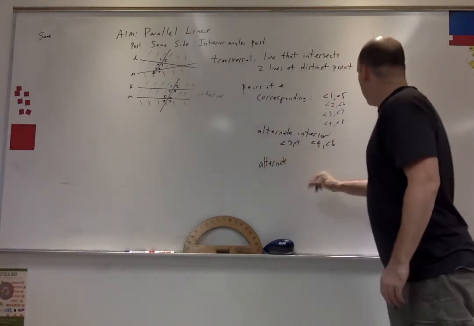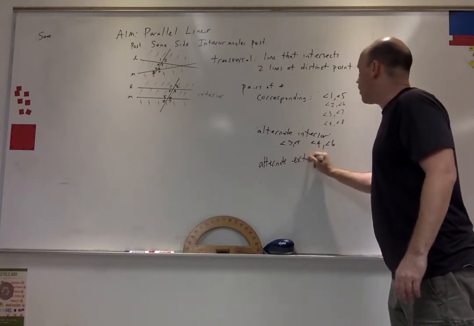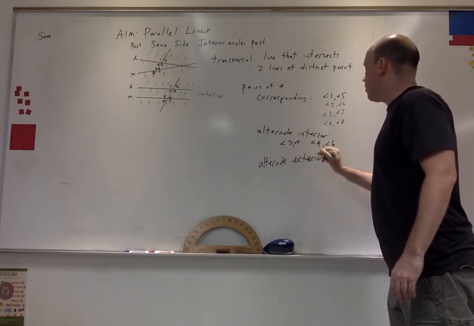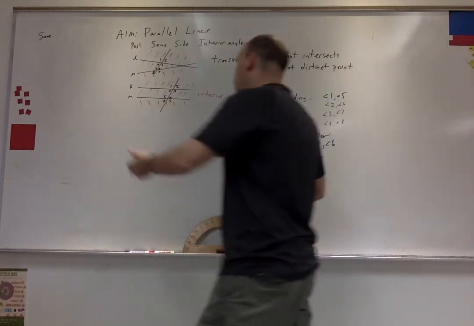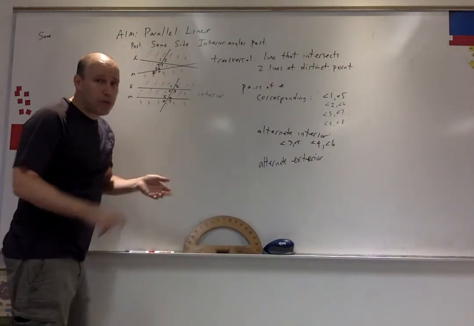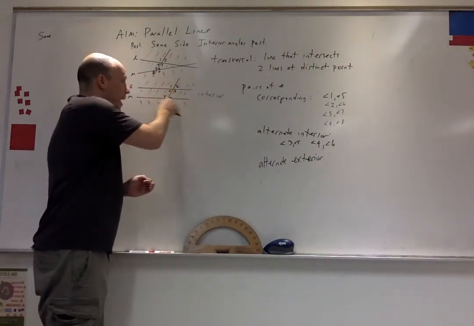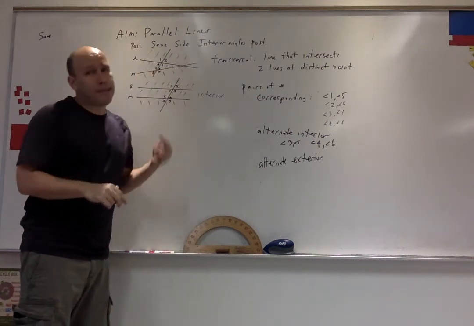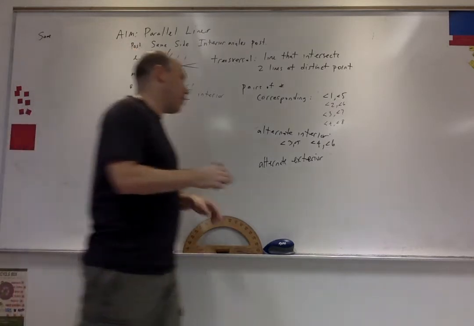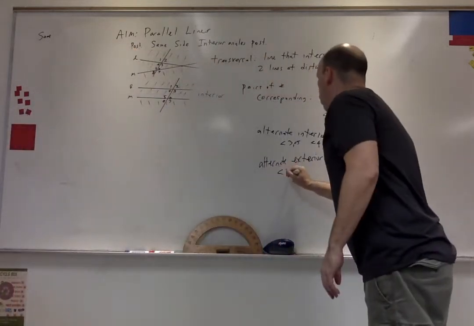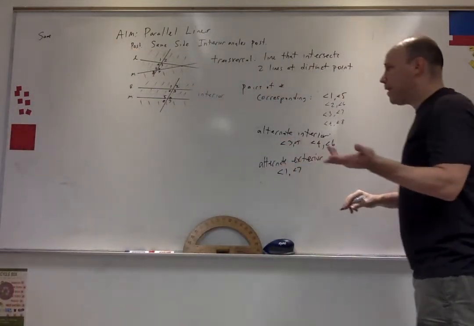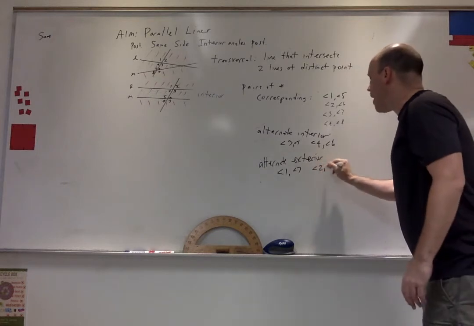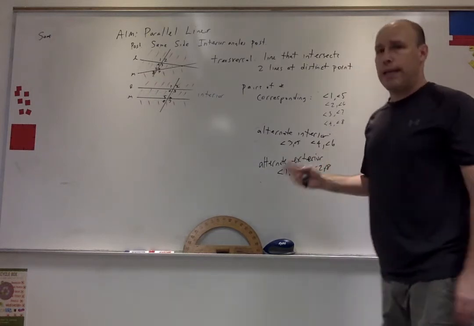The next thing we want to talk about is alternate exterior. Same idea. There are 4 angles in the exterior, 1, 2, 8, 7, and which ones are on the opposite sides? Well, 1 and 7 are alternate exteriors, and angle 2 and angle 8 are alternate exteriors.